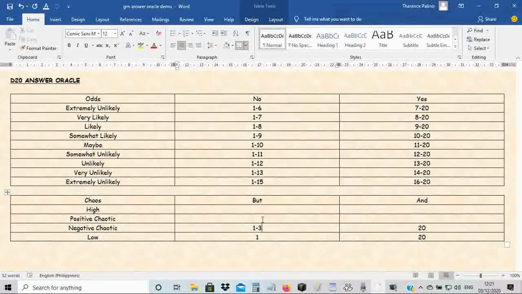Positive chaotic, maybe what'll happen is "and" will become 18 to 20, and "but" will just be 1. At a high chaos, maybe "but" will be 1 to 3, and "and" will stay as 18 to 20. So there you have it, ladies and gentlemen.